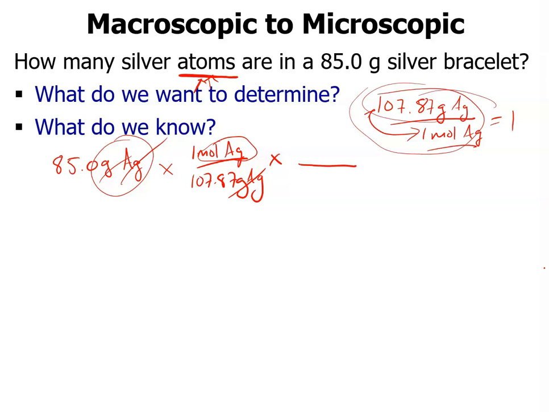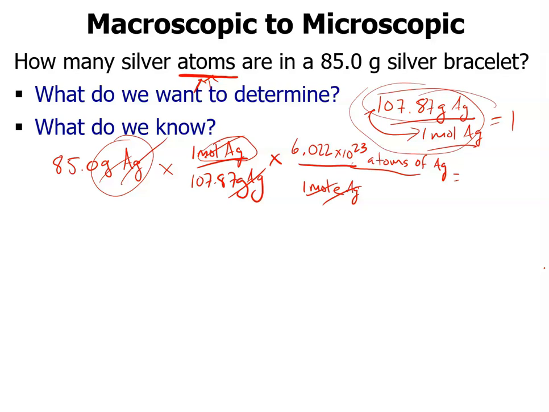So I can make another ratio. 1 mole of anything is equal to 6.022 times 10 to the 23rd, and in this case, we're going to have atoms of silver. So now our moles of silver cancel out, and we're left with atoms of silver.